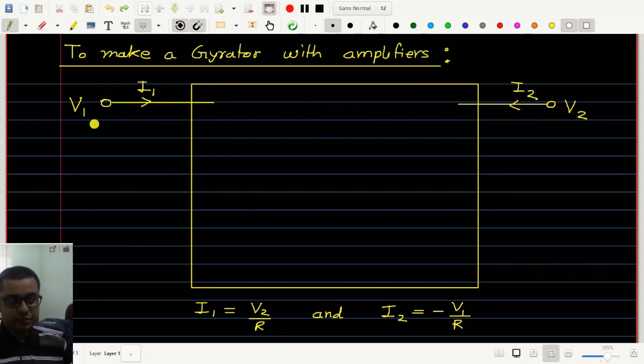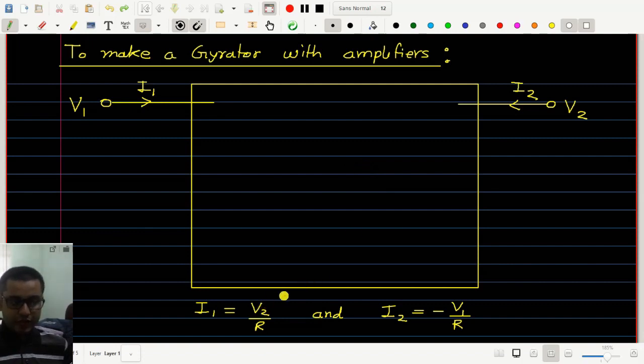The relation between different voltages and currents should be like this: I1 equal to V2 by R and I2 equal to minus V1 by R. We have to realize these two equations by filling in this black box with amplifiers and other elements appropriately.